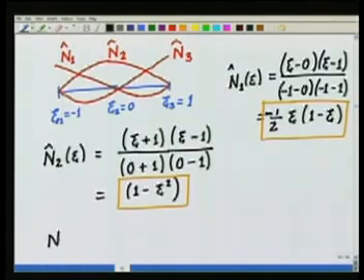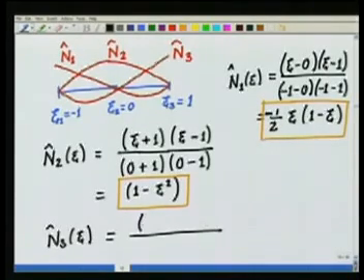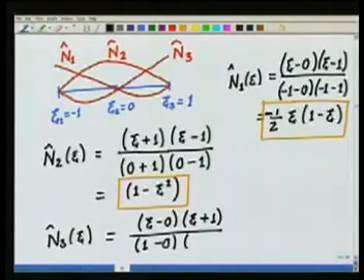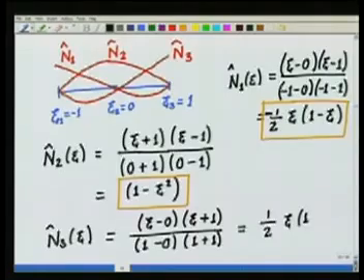Similarly, the N3 hat of psi, if I go ahead and do the same job, will be equal to psi minus 0 into psi plus 1, divided by 1 minus 0 into 1 plus 1. So this is going to be equal to half of psi into 1 plus psi.